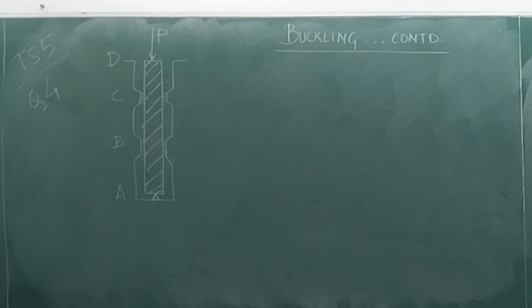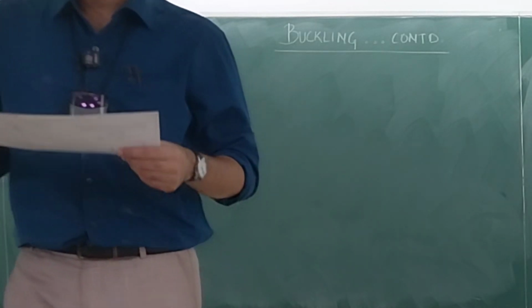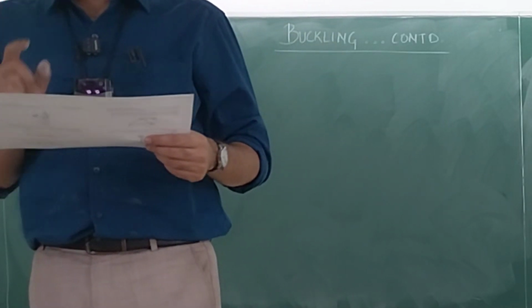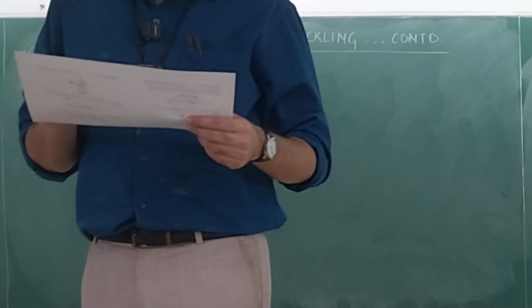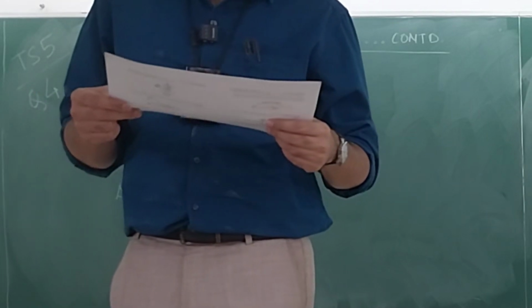Why should all buckle at the same time? What do you want? Even if one section buckles, that will render the whole column useless. No. Okay, so now we are arguing over the semantics of it. One can argue that maximum possible lengths of BC and CD are given.